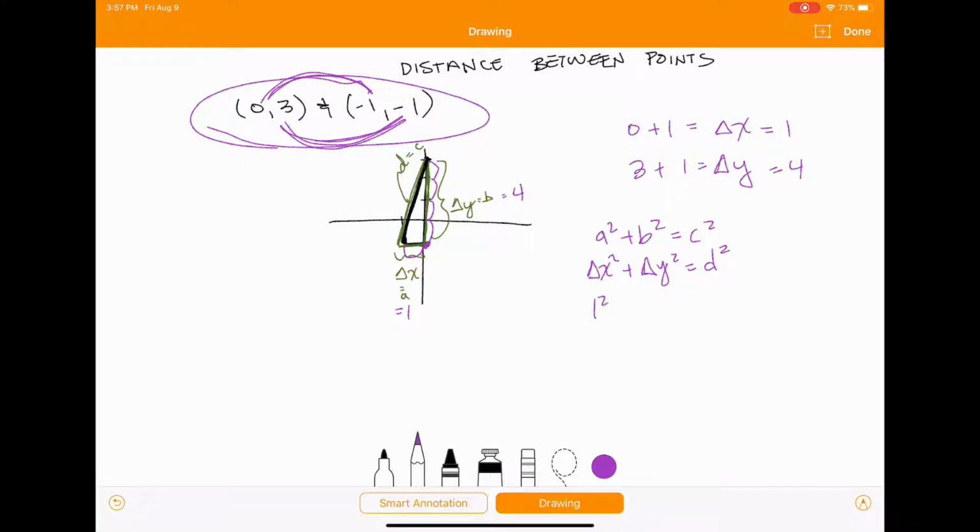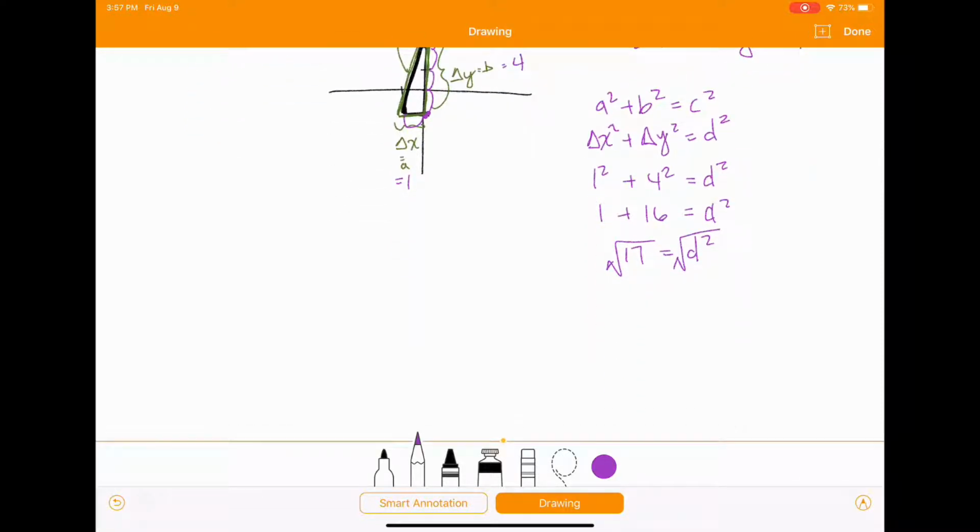So it's going to be 1 squared plus 4 squared equals d squared. So 1 plus 16 equals d squared. So 17 equals d squared. Take the square root of both sides, and you're going to end up with, 17 is prime, so the square root of 17 equals d.